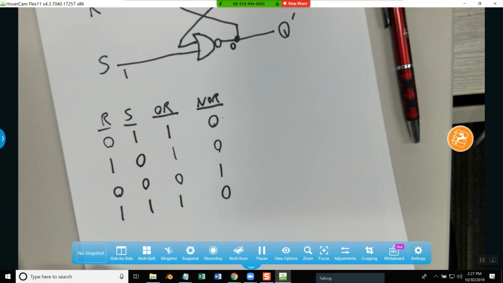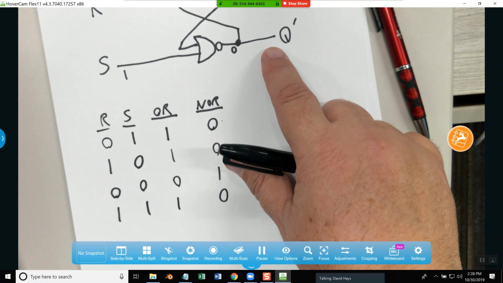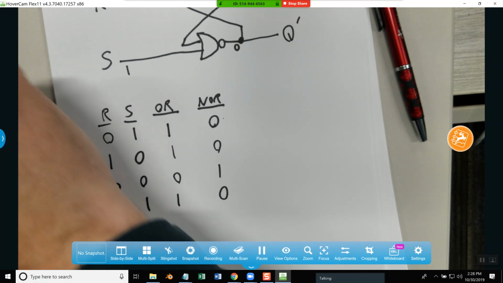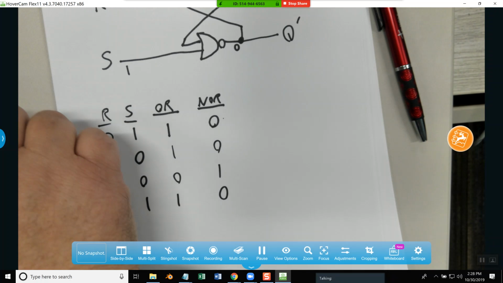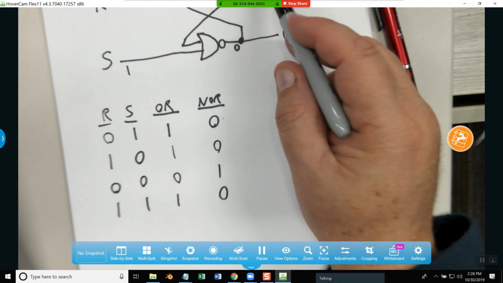And I'm just looking at the first diagram here. Okay, so one's coming out here, that comes back into here. And if this is still a one here, then I got one and one again, which gives me a zero.